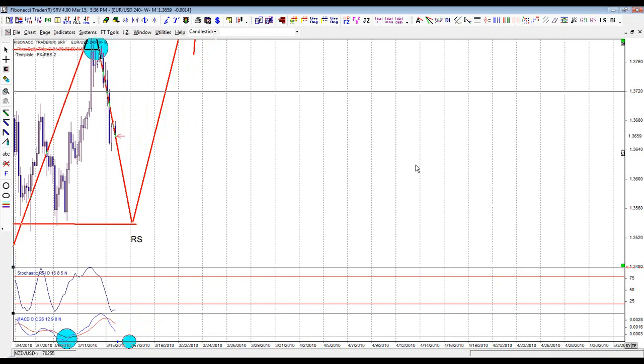Now, a lot of traders don't make a difference between a pennant and a flag, and I would like to clarify something.